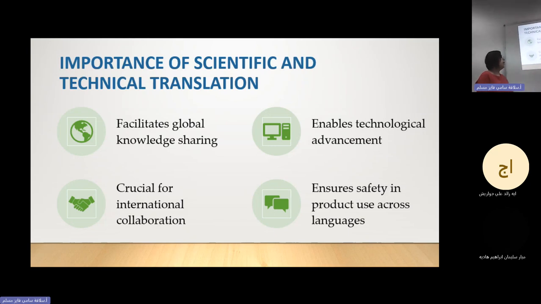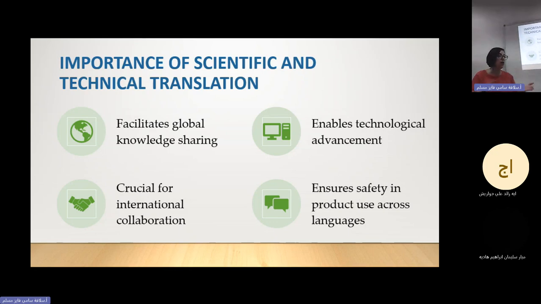Okay? And the last point is to ensure safety in product use across languages. Okay? So if I buy a machine made in Germany and the guy is in German and I don't speak German, how am I going to be able to operate this machine?